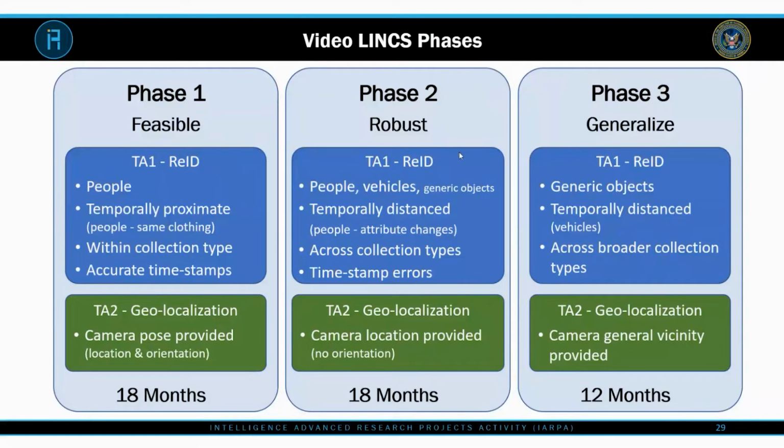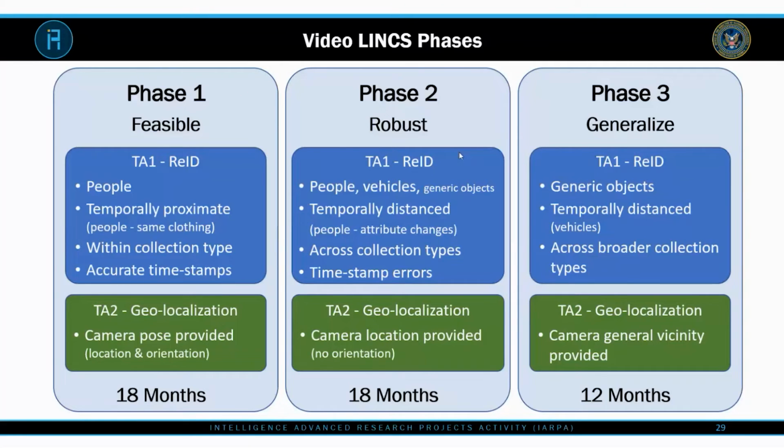For example, we had rooftop mounted, and we had indoor CCTV, or we had an aerial drone. Each one of those is a separate collection type, and this would be re-identification within that collection type, but not across collection types for phase 1. And in phase 1, there will also be accurate timestamps. When it comes to geolocalization for phase 1, the camera pose will be provided, which will provide location and orientation.